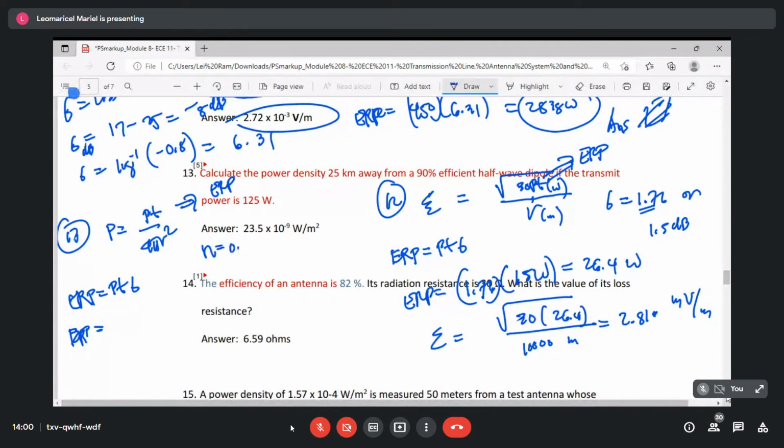So yung half wave dipole mo, ilan? 198 watts. Yan. Tama ba? 198 watts?